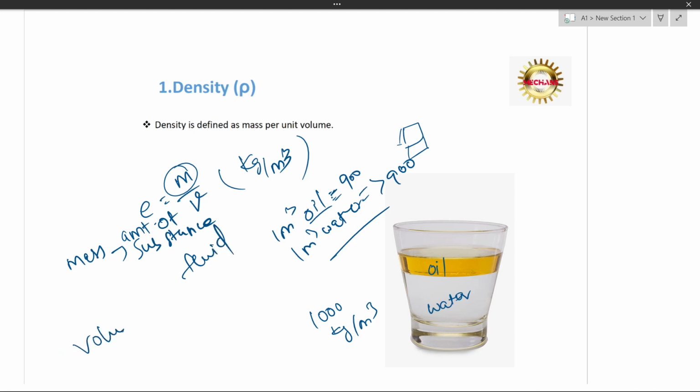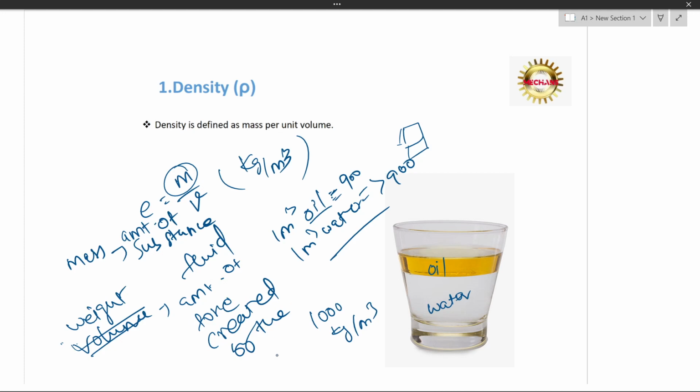Weight is the amount of force created by the substance. So mass means just the amount of substance that a fluid has. Weight means the amount of force created by that substance.